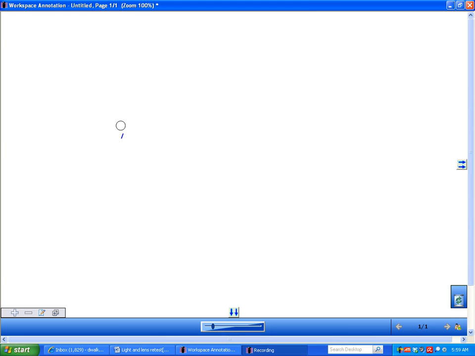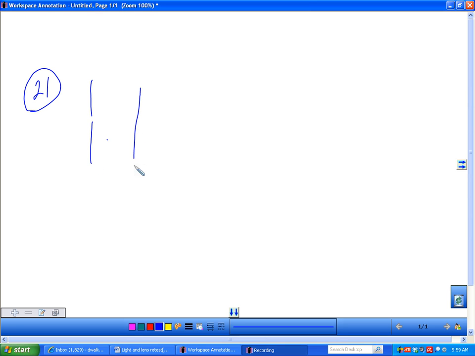Okay, so Problem 21 says that we have a magnetic field, and the magnetic field is going into the page, as indicated by the X's.